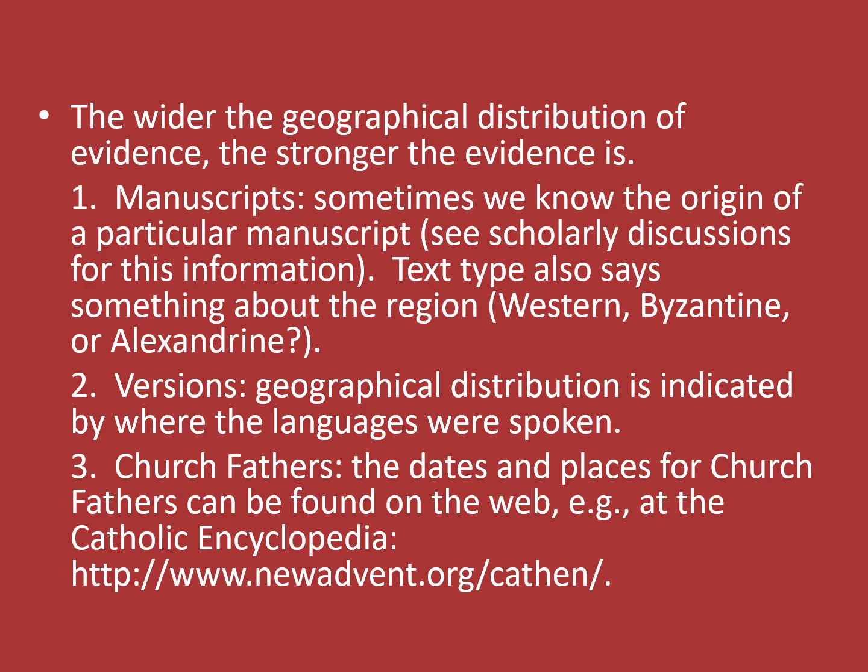If we're saying Byzantine, it's in the eastern part. If we're saying Alexandrian, then we're talking about the area of North Africa around Egypt. When we look at versions, we know geographical distribution because we know where those languages were spoken. Latin was widely spoken, but something like Armenian is to be identified with Armenia, or Coptic with Egypt, or Slavic with Eastern Europe. The Church Fathers can often help us, too, with not only dates, but also places. And information on them can be found in the Catholic Encyclopedia that's online. It's just one place you can find this information.